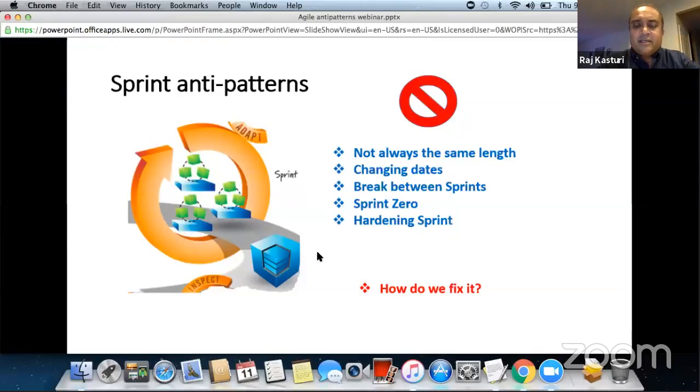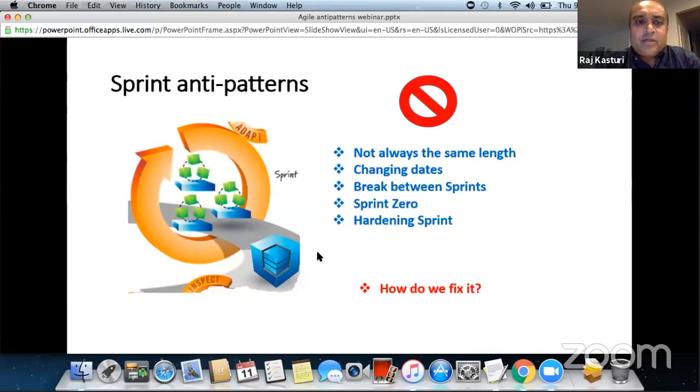Changing days. When you start on a Tuesday, keep that consistent. Don't change something just because you have to make sure it meets certain criteria for the organization. If there is a holiday or something like that, then maybe that day will fall onto the next day.